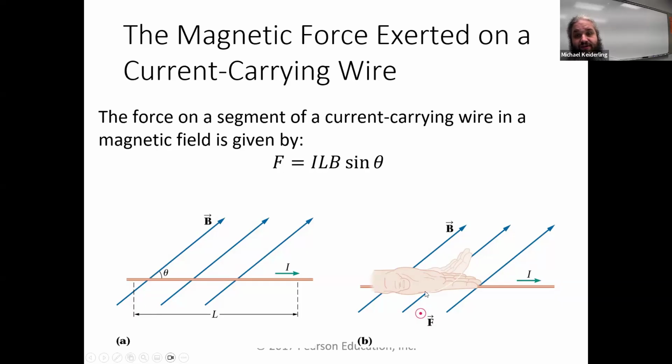So current times magnetic field times the length of the wire times the sine of the angle gives you the total force on the wire. So obviously a longer wire has more force, and then it's current times the length times magnetic field times the sine of the angle between them.